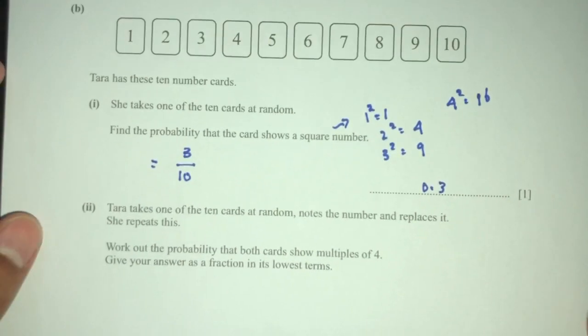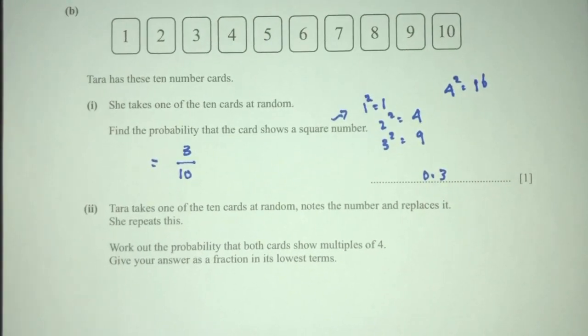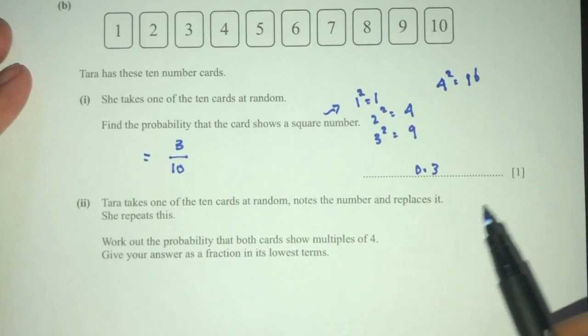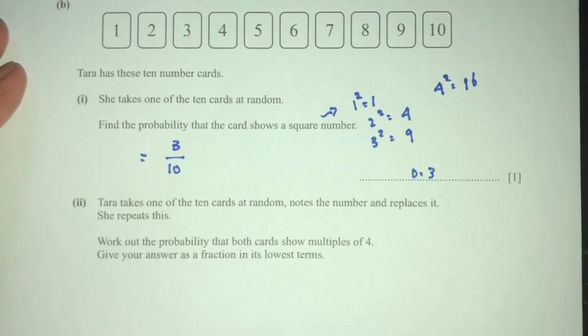Now for part 2, Tara takes one of the cards again, notes the number, and replaces it back in the cards. So here we have replacement. Okay, cool. Now we have to find the chance that both cards show multiples of 4. Now what are multiples of 4? You have to know. Multiples of 4 is basically the multiplication table for 4.